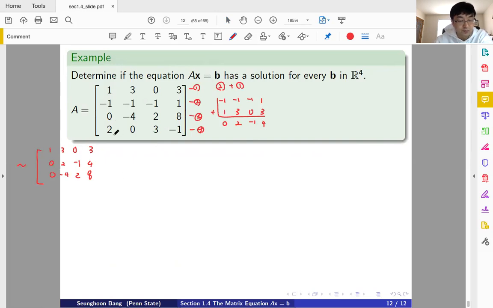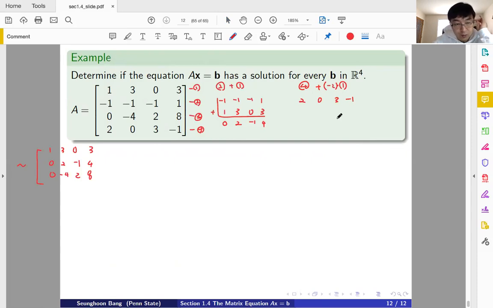The next, the fourth row: I can do that here. The fourth row plus -2 times the first row. The fourth row is 2, 0, 3, -1.